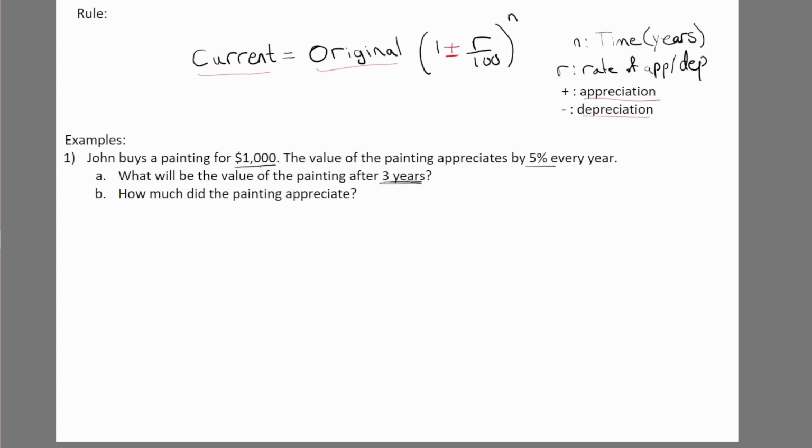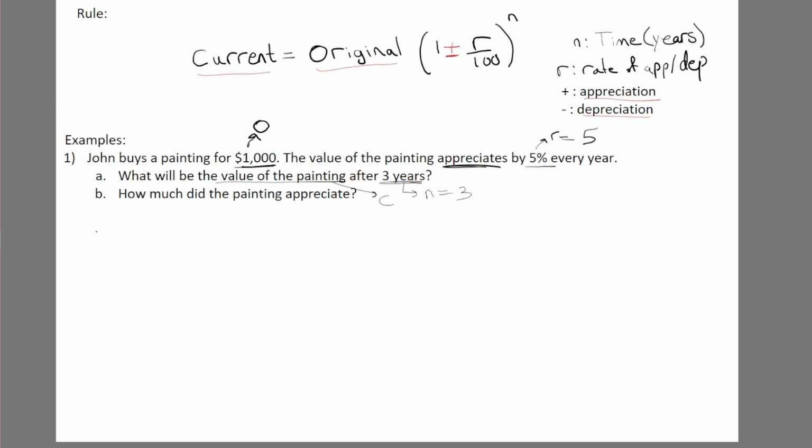So the $1,000 is the original value, and this is the appreciation rate, which is 5. Now we're being asked about the value of the painting after 3 years, so this is n. And what I want to know is the value of the painting, basically the current value.